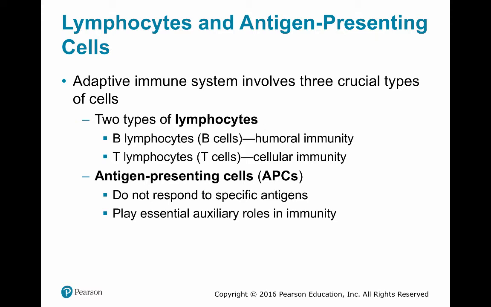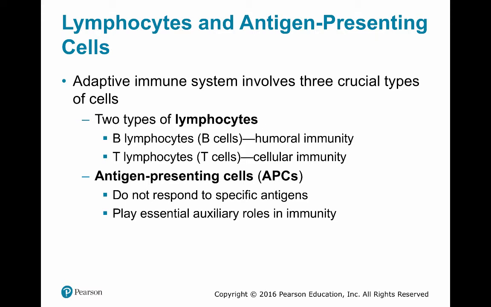And so when we're talking about making antibodies and having antigen presenting cells, the adaptive immune system involves three crucial types of cells. There are two types of lymphocytes, both B lymphocytes and T lymphocytes. For short, they're known as B cells and T cells. B cells are known for humoral immunity, and T cells are known for cellular immunity.